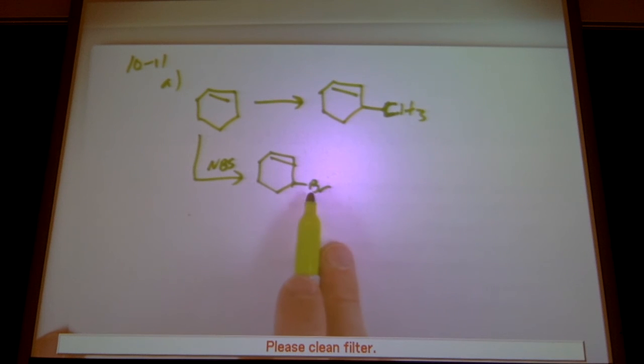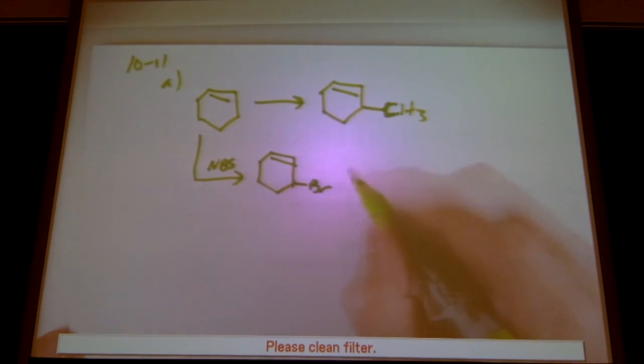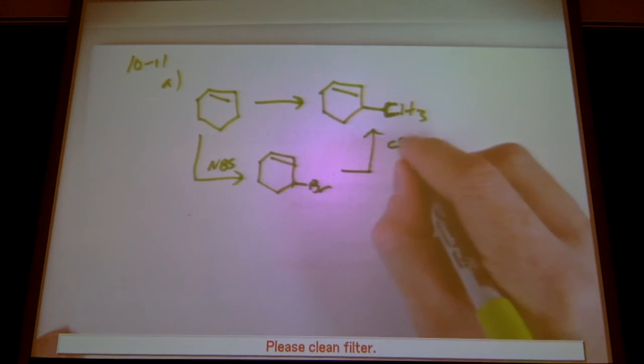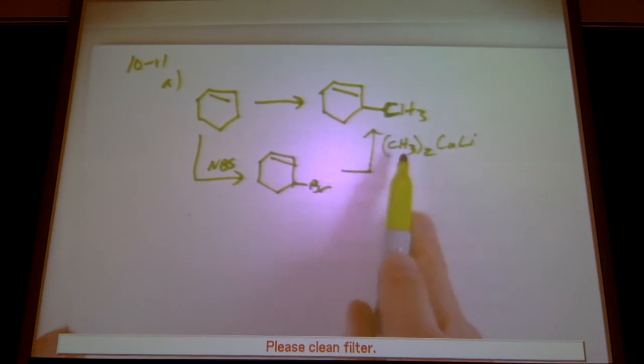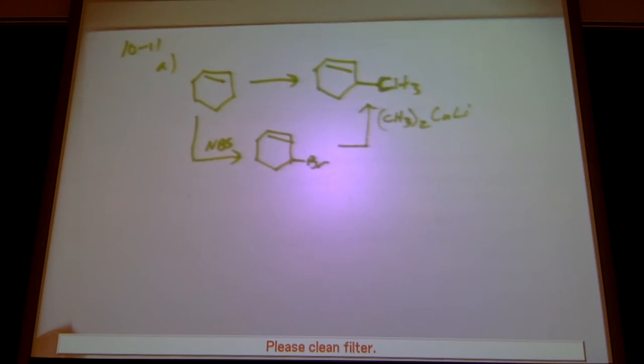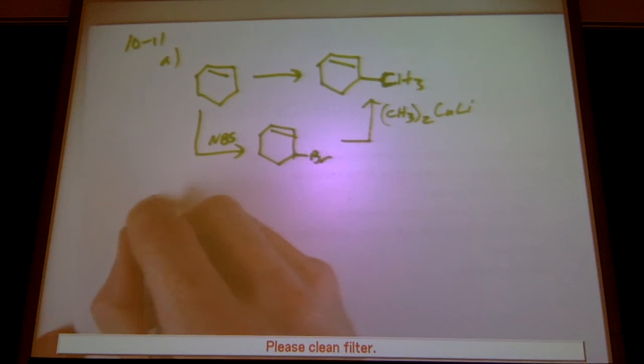Now, since I have the bromine there, I can use my diorganocopper lithium compound. So what's in parentheses just replaces the bromine. Look at C.